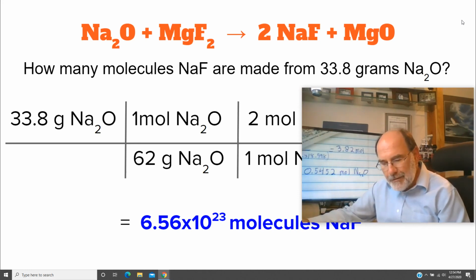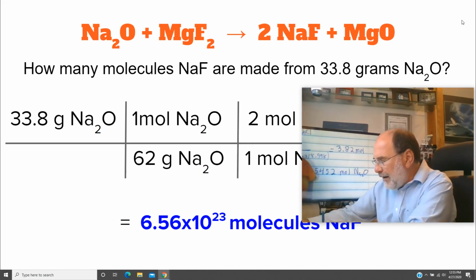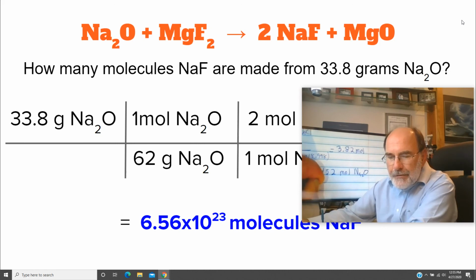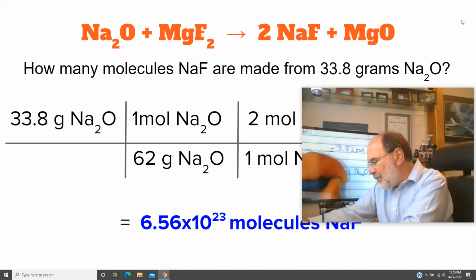So magnesium is 24.305 plus 2 times 18.998, close parentheses, enter. And my calculator says 0.54, so incredibly close to each other, 25 moles of magnesium fluoride.